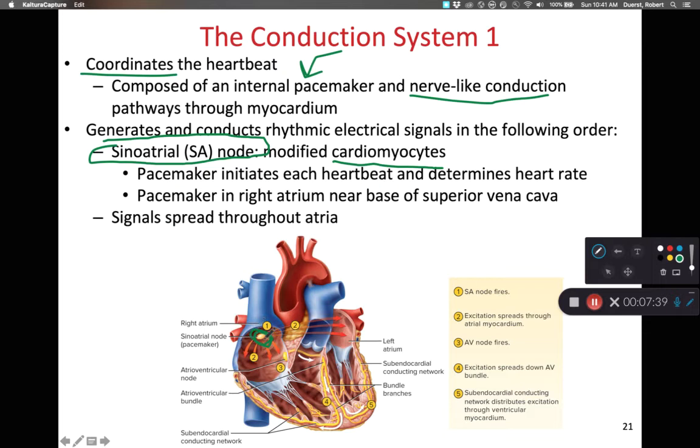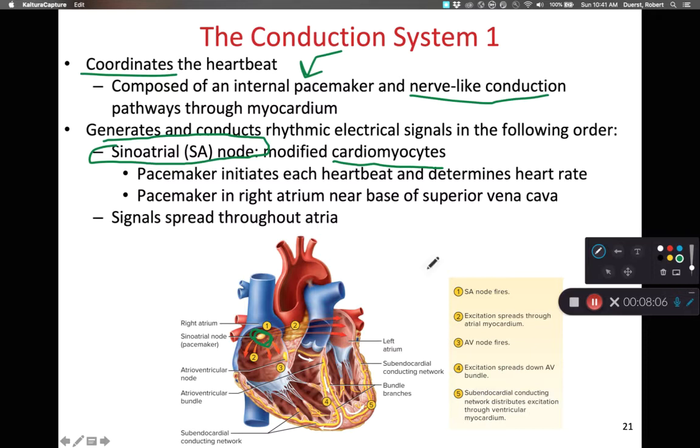When we look at this SA node, or the pacemaker node, it will spontaneously depolarize, typically with the highest frequency of any tissue in the heart. There are lots of leak channels in those cells that cause them to periodically and rhythmically spontaneously depolarize so that we have a baseline heartbeat.